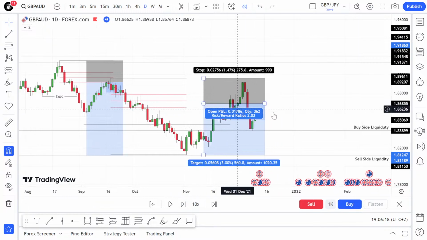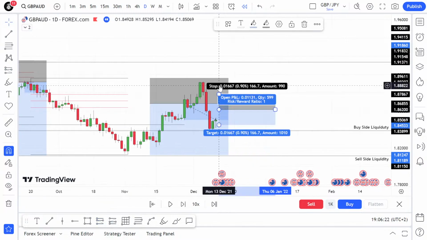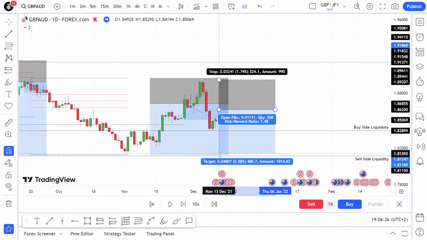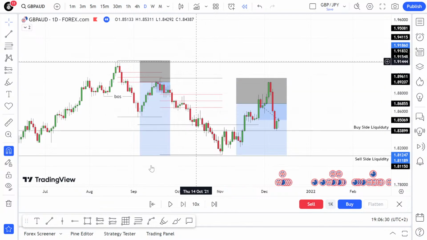But I like the reaction, and you could even scale in with the 4-hour time frame from this. Obviously, if your conviction was very strong with the sells, I would be very content with this.